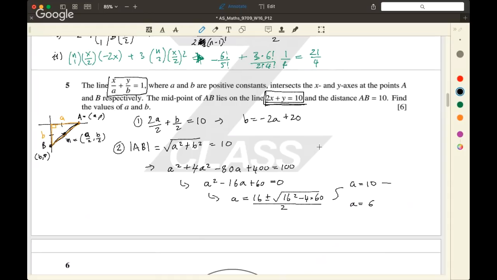If I plug a equals 10 back into here, I will find that b is equal to 0. But that's not allowed because I'm told that a and b are positive constants. So this solution doesn't count. However, if a is equal to 6, that means that b is equal to 8, and that's a perfectly fine solution, and in fact the only solution.